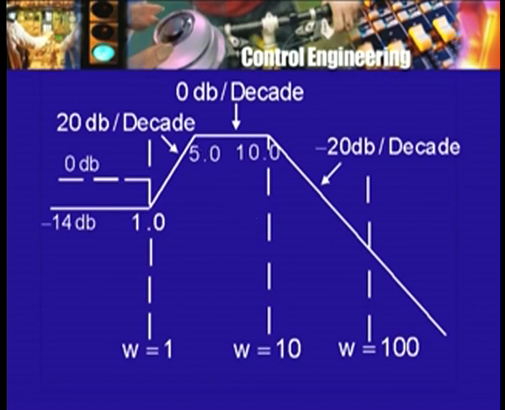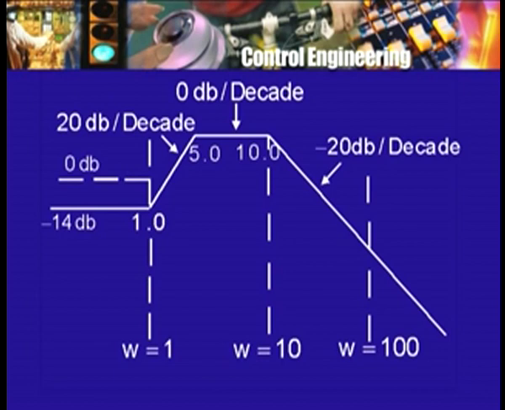So, these two will cancel as they did earlier, but the pole at 10 will now make one more contribution, and therefore, there will be a decrease in the gain at the rate of minus 20 dB per decade. And here also it is horizontal, but one can emphasize it by showing 0 dB per decade. And so, this is going to be a fairly good approximation to the variation of dB gain with frequency.